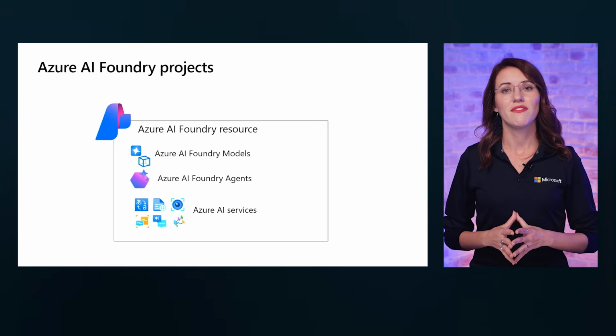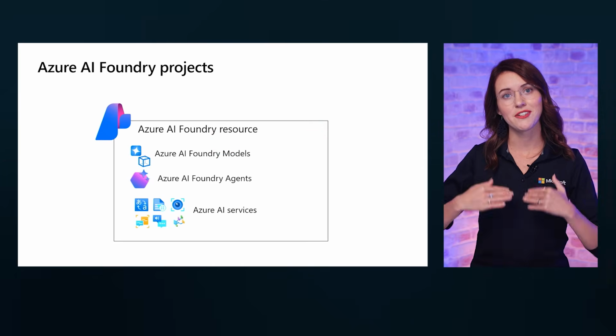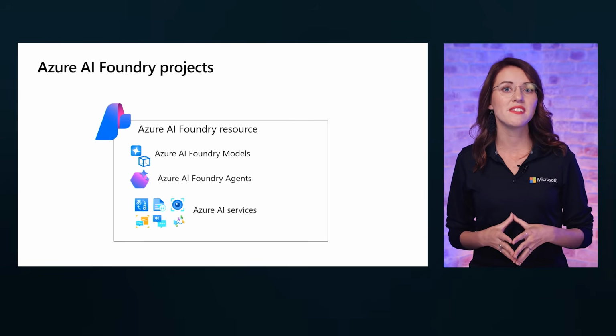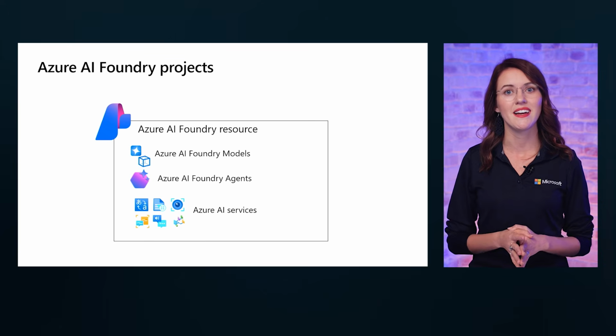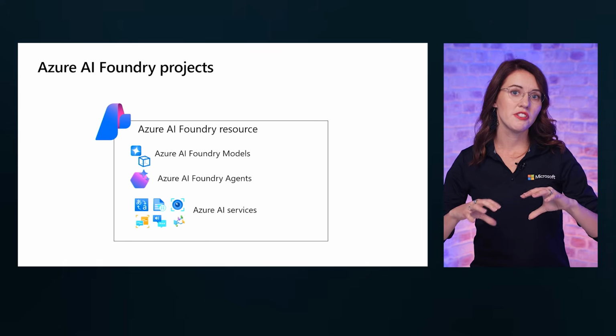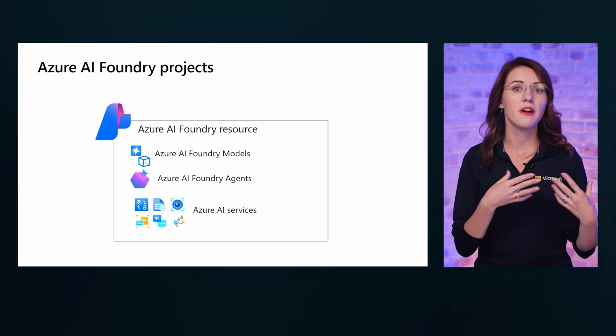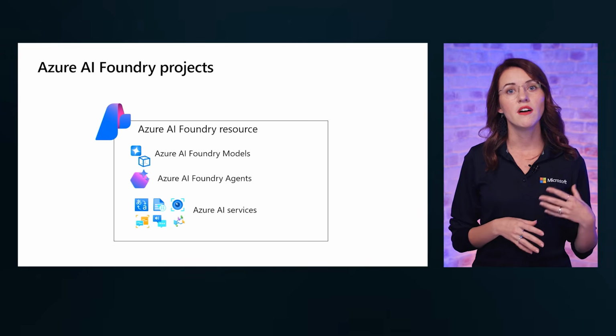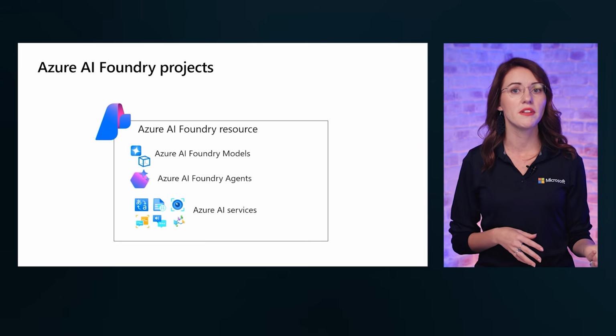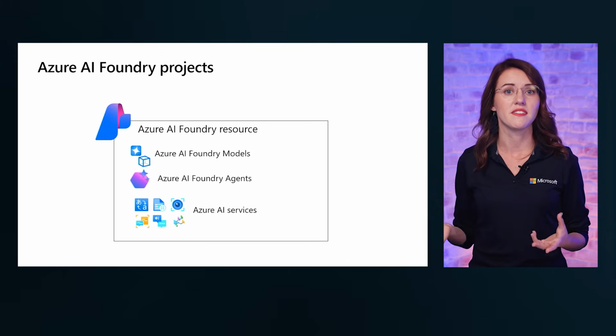Projects in Azure AI Foundry are built on Azure resources and serve as the foundation for creating and managing generative AI applications and agents. Each project includes access to a comprehensive model catalog featuring generative AI models from leading vendors such as OpenAI, Microsoft, and others.